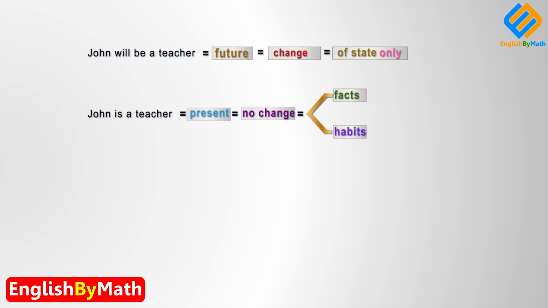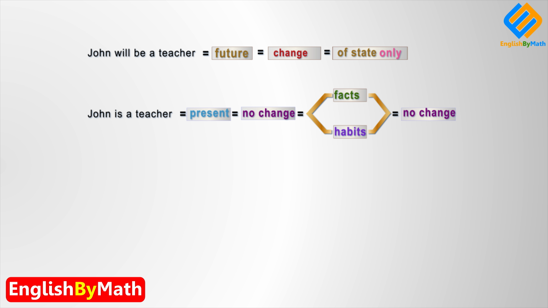In concept grammar, we answer the question why. Facts and habits do not change, no change. Because the present is the only tense that means no change, it is only logical that we use it when we talk about facts and habits.